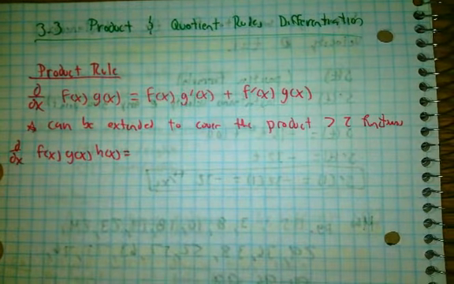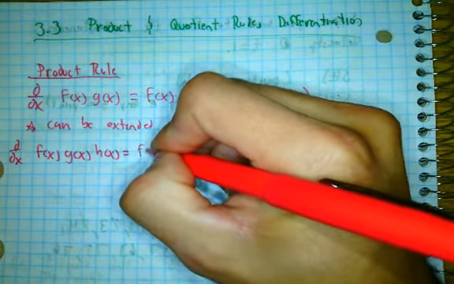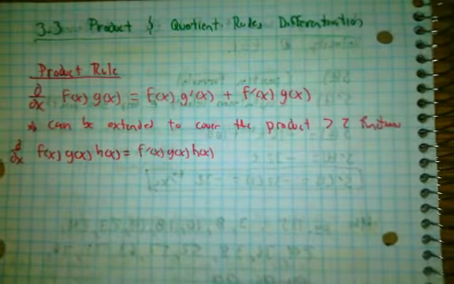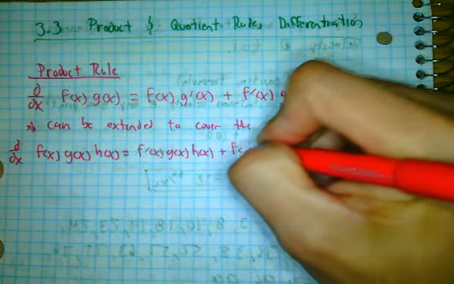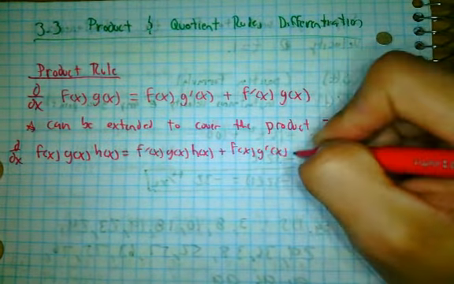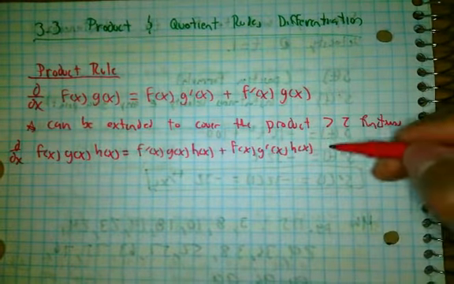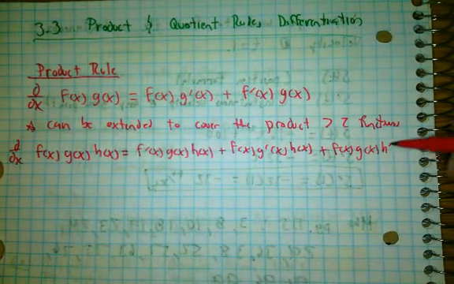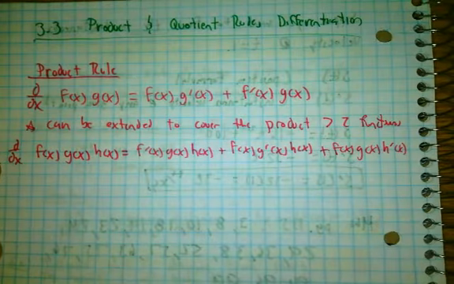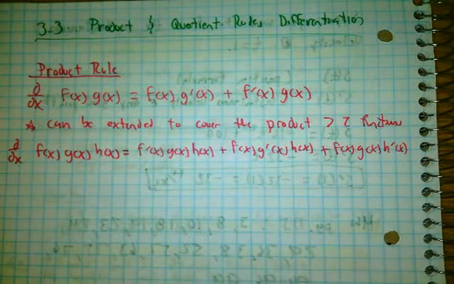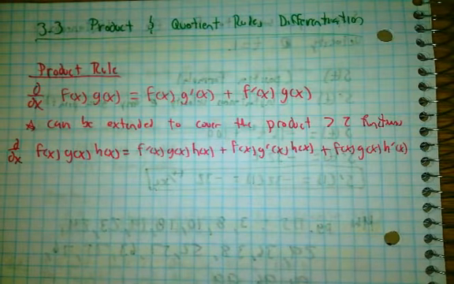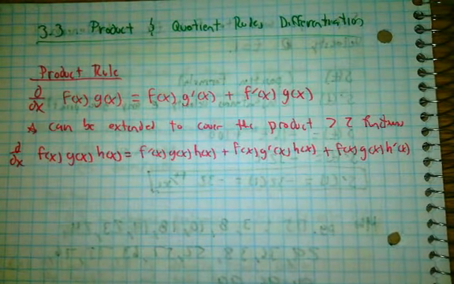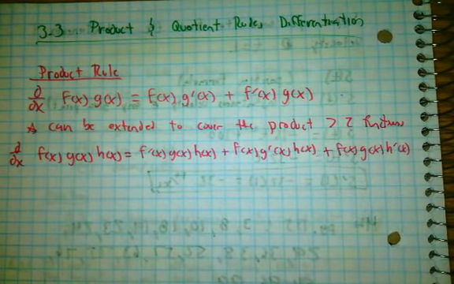So let's say you have three functions being multiplied together, then you could do f prime of x times g of x times h of x, plus f of x times g prime of x times h of x, right? And lastly, the last one would have to be f of x times g of x times h prime of x. So do you guys see how you can continue to do this if I have like a product of 10 functions? Wouldn't be any fun, but notice how each one of these is just making sure that you take the derivative of each function. Cool?